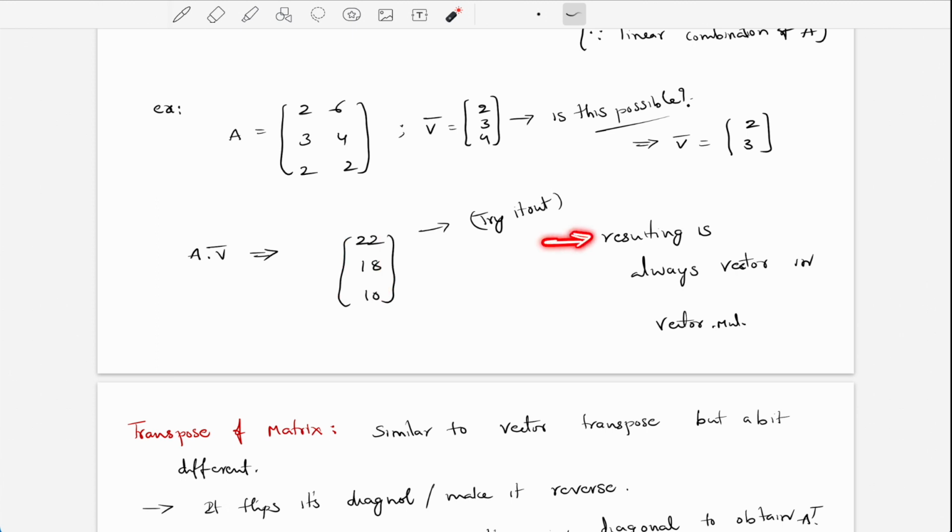Or if you don't get it, just Google it. It's a simple thing. And the resulting output of a matrix-vector multiplication is always a vector. That's it.